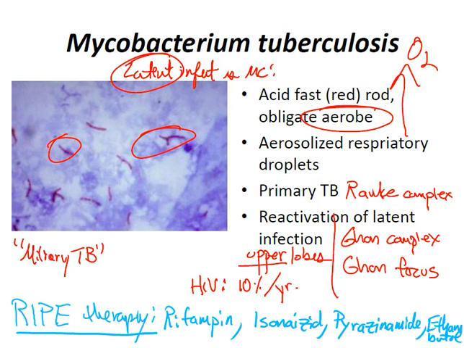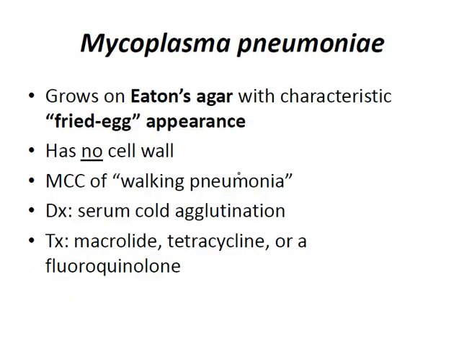So now let's move on to Mycoplasma pneumoniae. The membrane of Mycoplasma pneumoniae contains something interesting: cholesterol. Mycoplasma pneumoniae grows on Eaton's agar with a characteristic fried egg appearance.